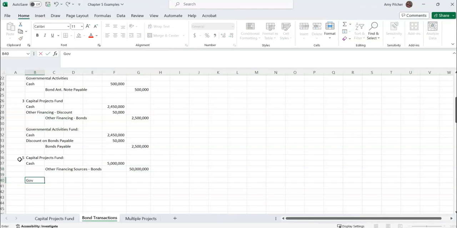In the governmental activities, we record the receipt of cash, bonds payable, and the premium on the bond.